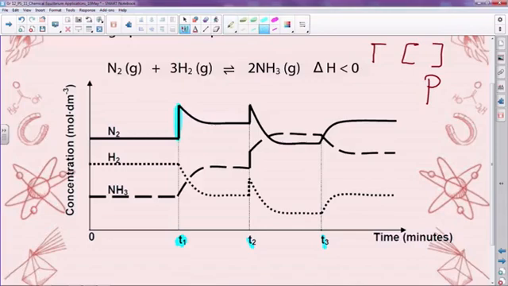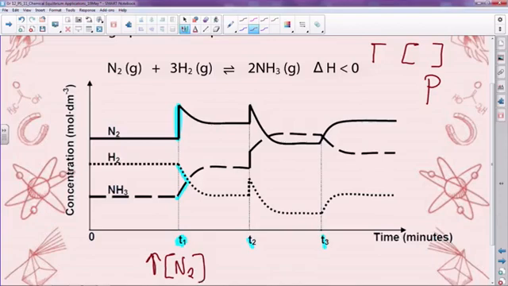And in fact, when I increased the concentration of the N2, look what happens to the H2. It got smaller, but the NH3 got bigger. So at T1, what we did is I increased the concentration of the N2. I added more N2 into it, okay?